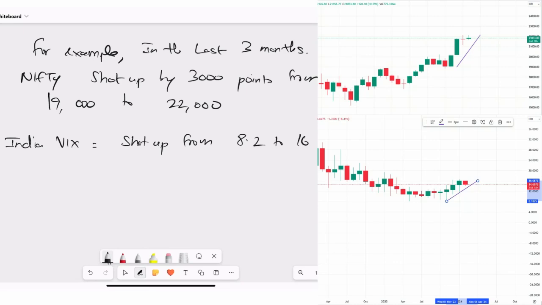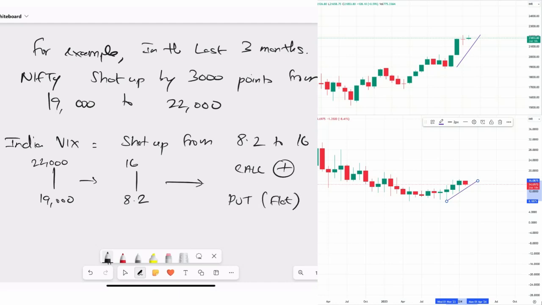So when the Nifty index moved from 19,000 to 22,000, India VIX also shot up from 8.2 to 16, right? And in this case, what happened is all the call premiums of Nifty index option were increasing, but the put premiums were flat till the date of expiry, right?